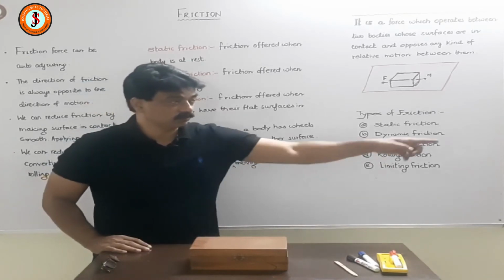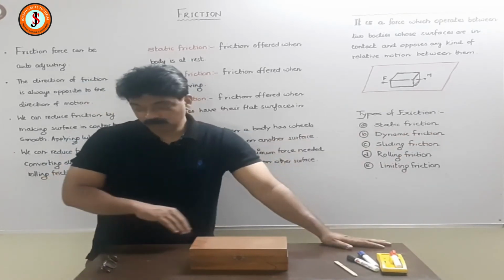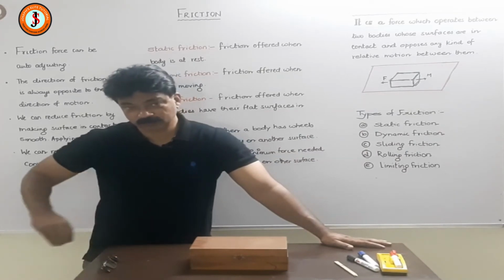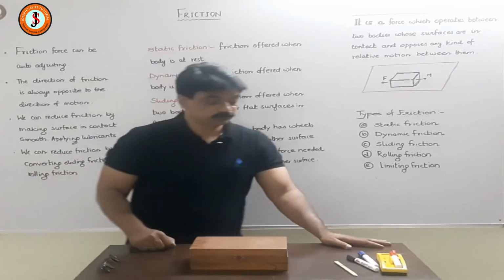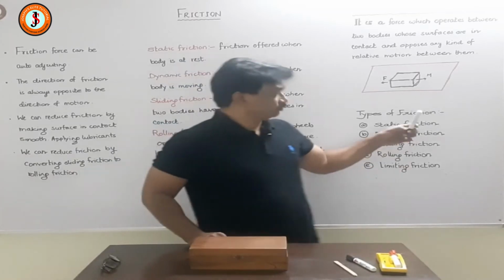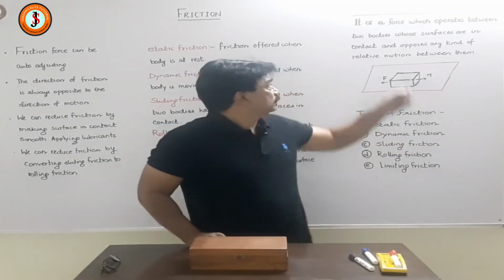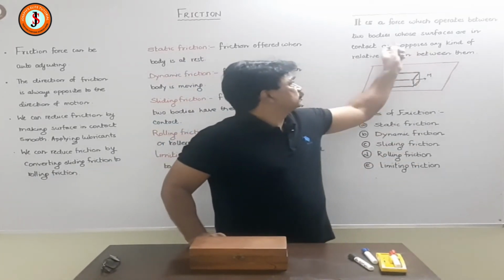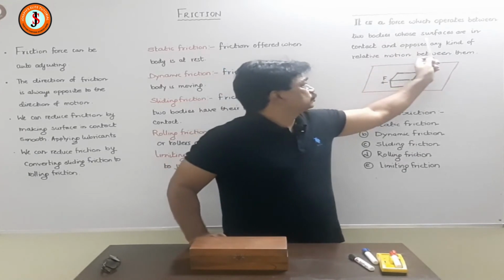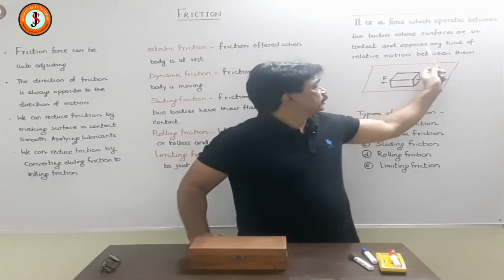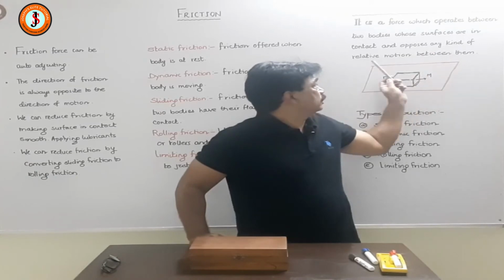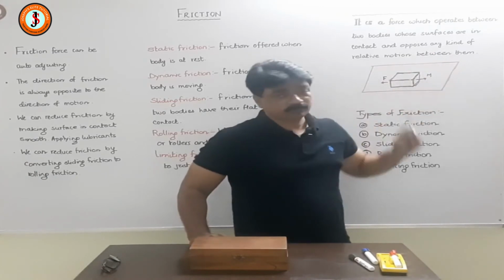So that is the first thing we finish in this definition: it is a force which operates between two bodies whose surfaces are in contact and opposes any kind of relative motion between them.